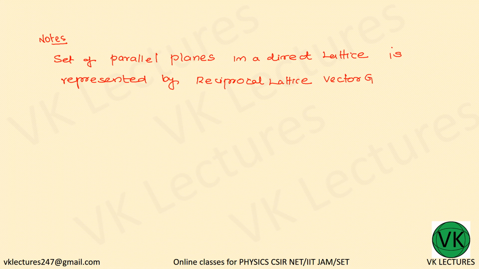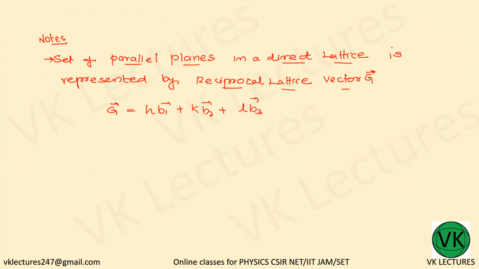That is, all the parallel planes in the direct lattice are represented by a single reciprocal lattice vector g in the inverse lattice. So g is equal to, as we have discussed, h b1 plus k b2 plus l b3.